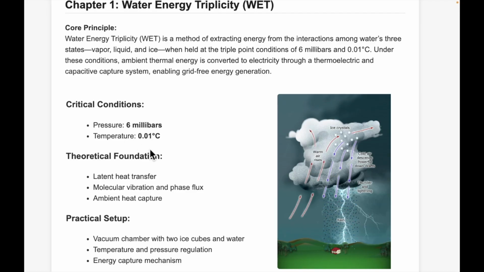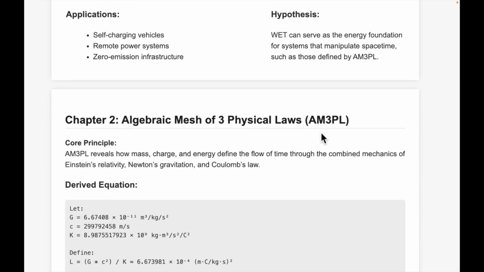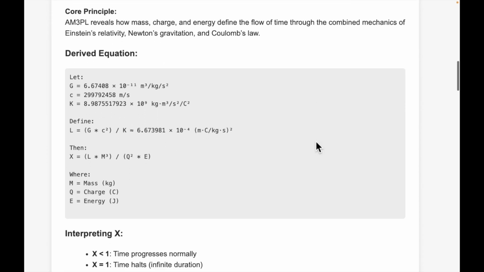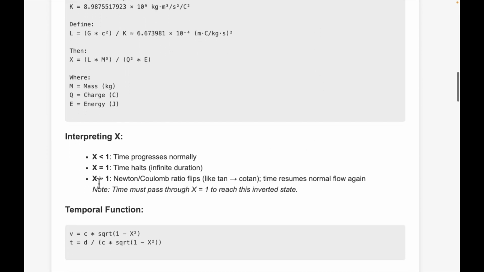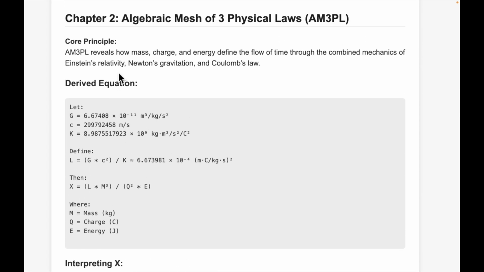This is actually what you'd have to put into the algebraic mesh of 3 physical laws to meet that value where x turns to 1, x being the combined properties of Einstein, Newton, and Coulomb.